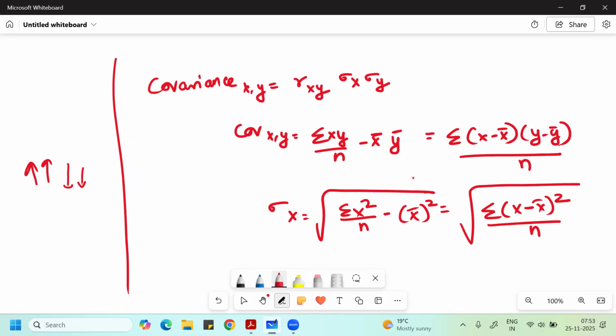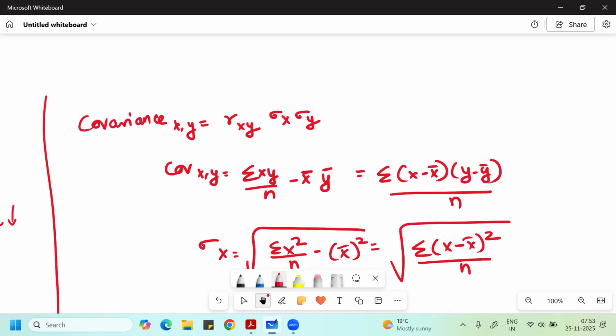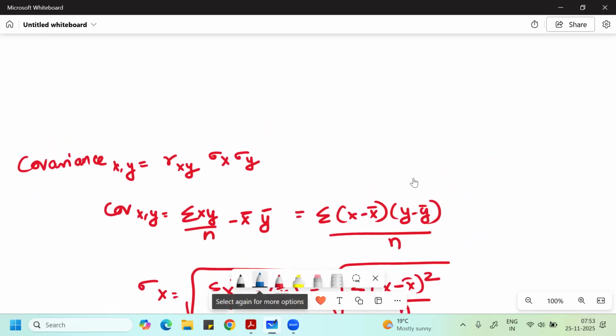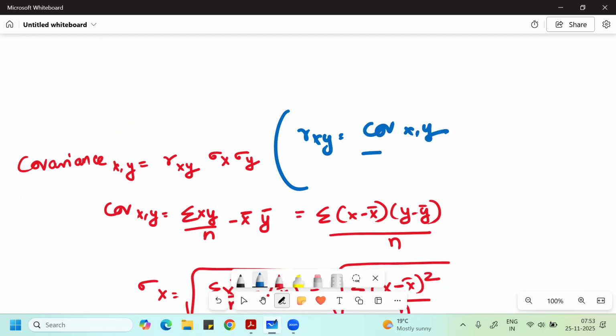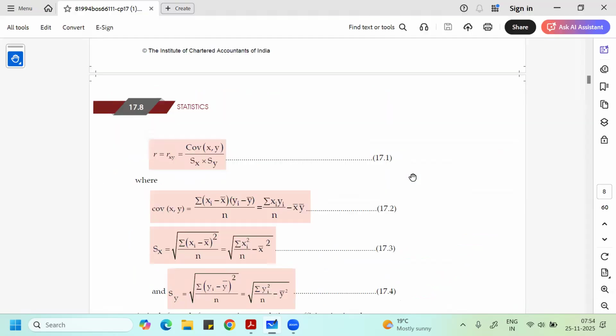For that, you have to find the r value: you divide the covariance by the standard deviation of x and the standard deviation of y, and you get a clear-cut mathematical value which we call r, and that r talks about the relationship between the two variables.